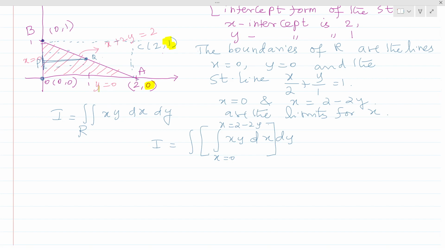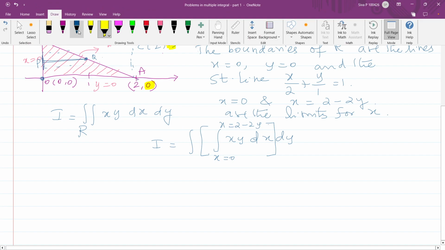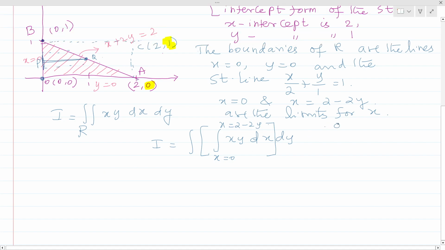Anywhere you can see in the region y varies from 0 to 1. So therefore we can write that 0 less than or equal to y less than or equal to 1. That means you can write here y equal to 0 to y equal to 1.